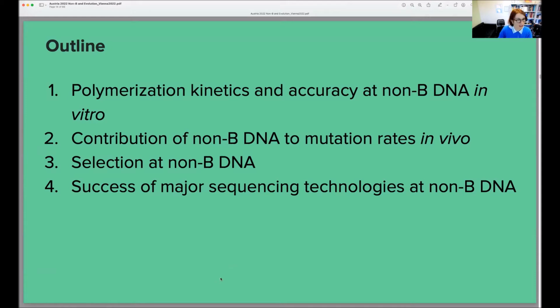I will talk about polymerization kinetics and accuracy at non-B DNA in vitro. Then I'll talk about the contribution of non-B DNA to mutation rates in vivo, about selection at non-B DNA, and maybe a little bit about success of major sequencing technologies at non-B DNA.